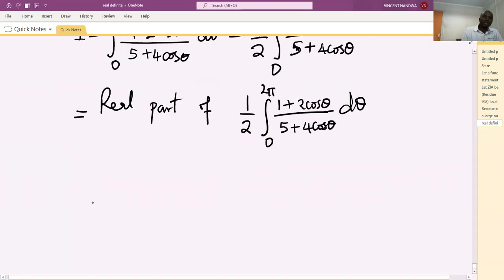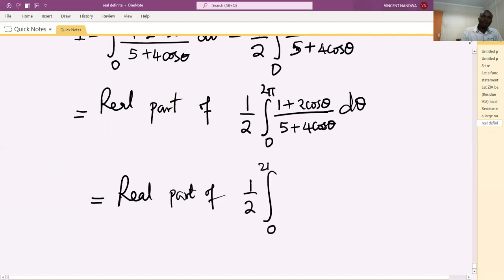So this is the same as saying the real part of 1 over 2, integral from 0 to 2 pi.